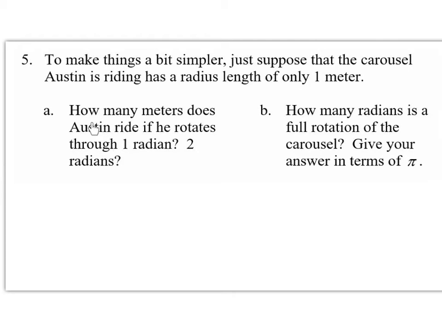How many meters does Austin ride if he rotates through just 1 radian? And then through 2 radians? Keeping in mind that our circle has a radius of only 1 meter, why don't you pause the video and figure out the answer.